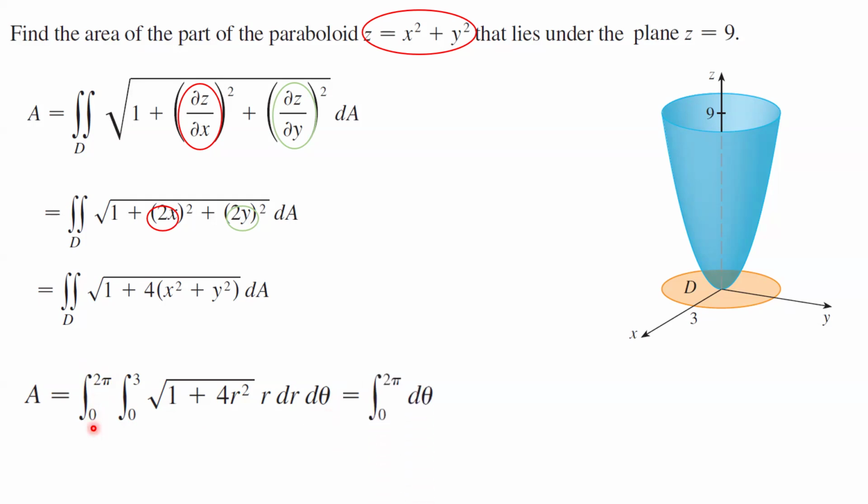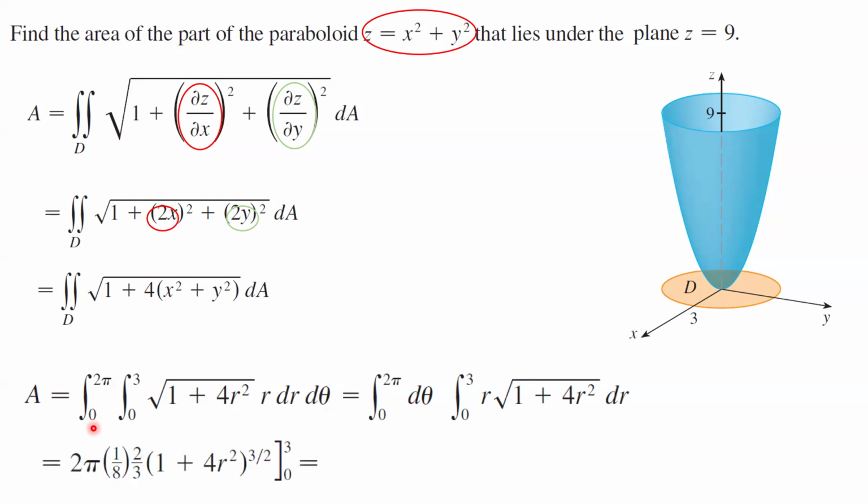This is the integral from 0 to 2 pi of d theta times the integral of r times the square root of 1 plus 4r squared dr. The very first integral, the integral of d theta, where theta ranges between 0 and 2 pi, is 2 pi. To calculate the second integral, we use u-sub. u is equal to 1 plus 4r squared, du is 8r dr, so as you can see, you end up with 1/8.